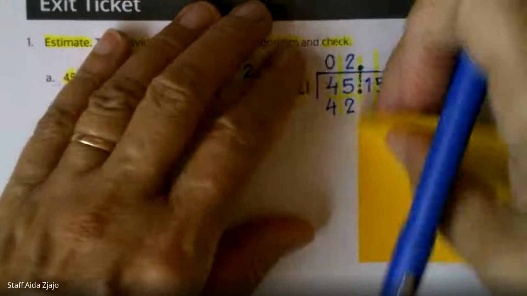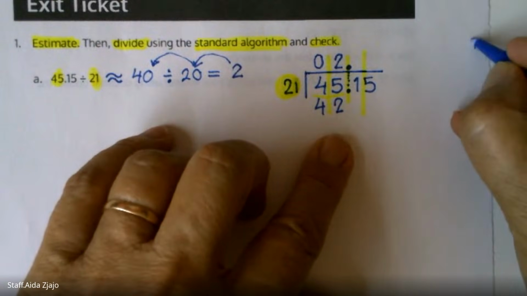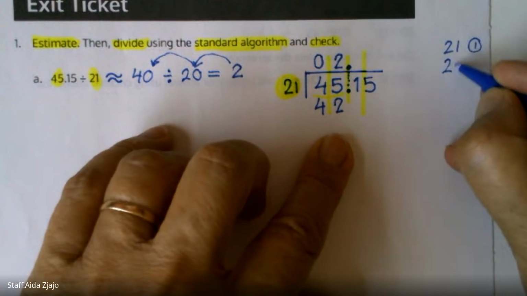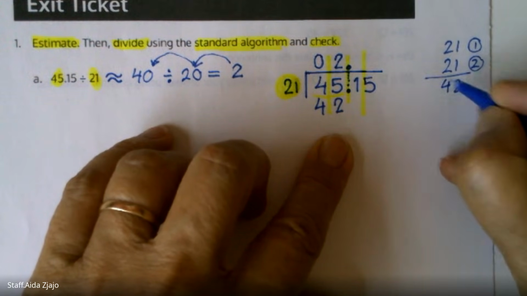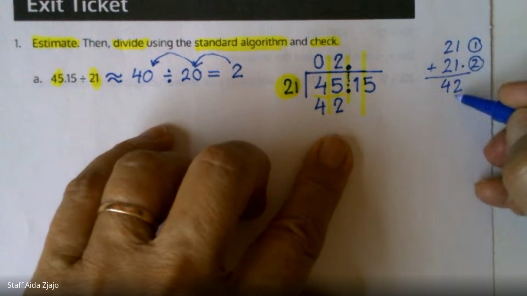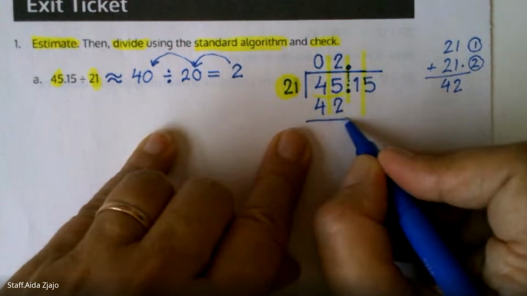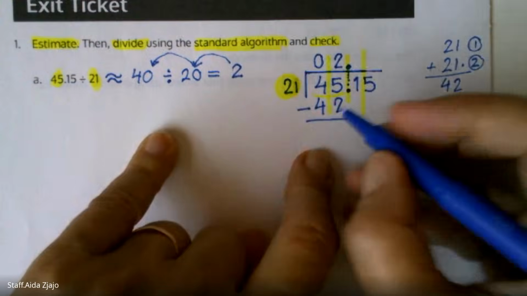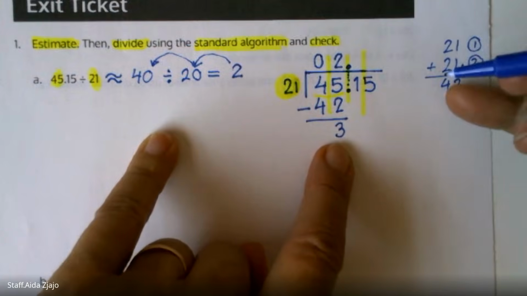If you are not sure with multiplication, it's simple: if this is one group, that's 21, I can add one more group, that will be 42. So 2 groups of 21 are 42. That's not 45, so I need to subtract 42 from 45 to find that I still have 3 extra.